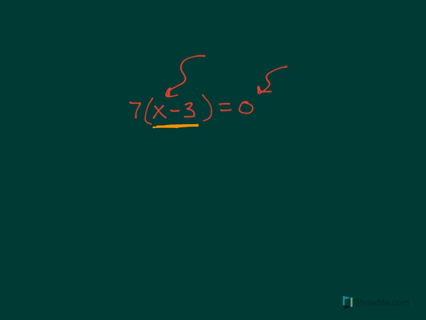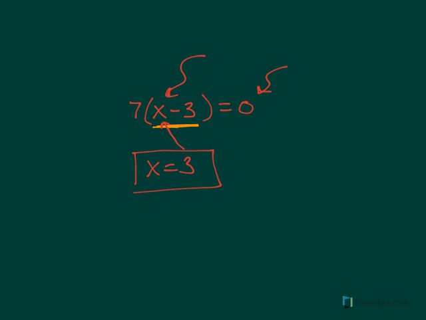X would have to be 3. Because if you put the 3 back in for x, then you get 7 times 0, which is 0. So essentially you're going to be looking for what value would make the individual factors 0.